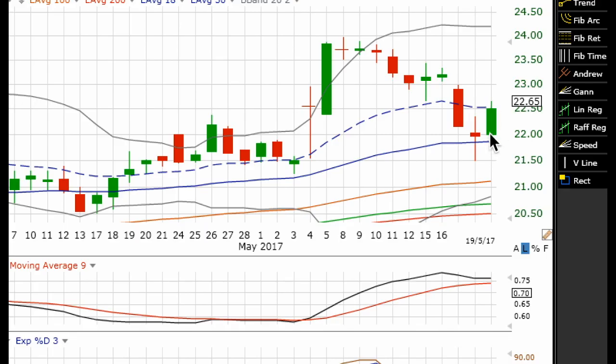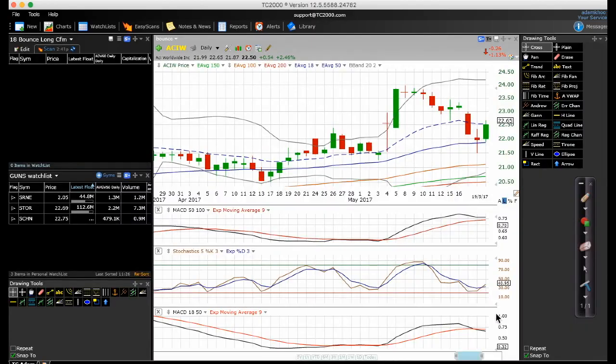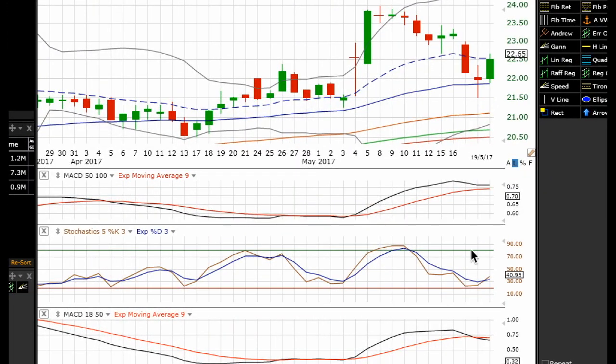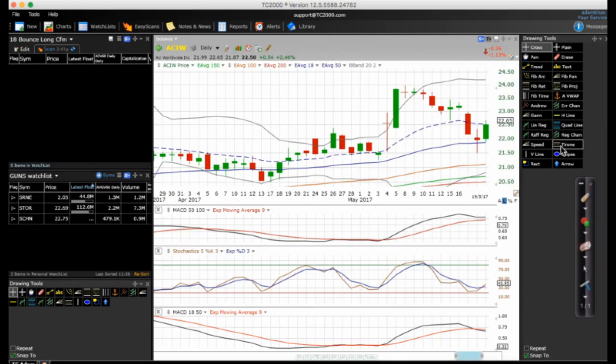That's a confirmation candle that makes a higher low and closes above the high of that reversal candle, right? My stochastics is oversold, my MACD is bullish, so I'm anticipating that the price will continue going up. It's on an impulse retracement. It's going to be going up.